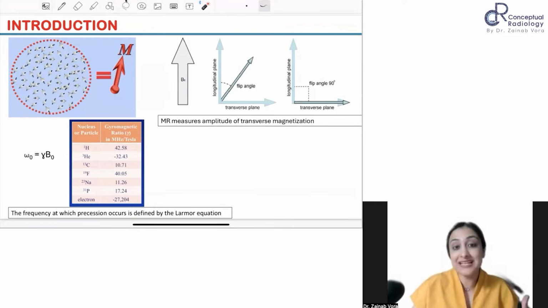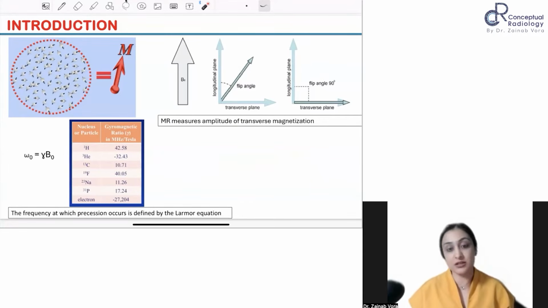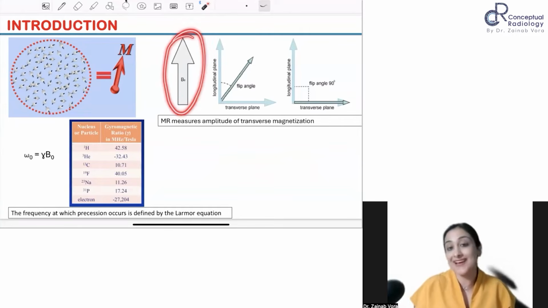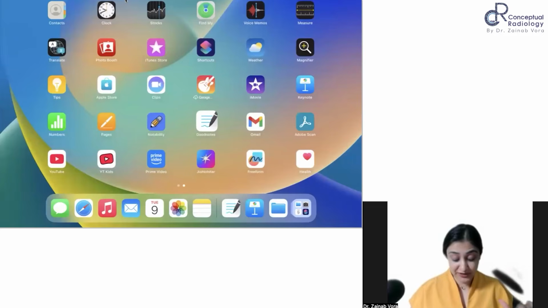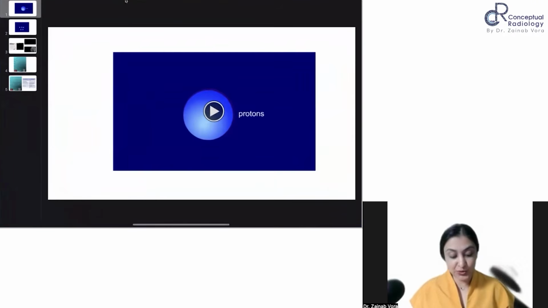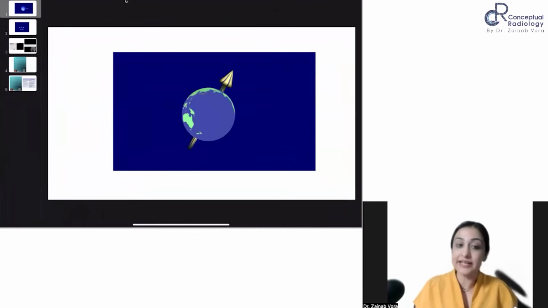But when you place this patient in a large magnet, they are all going to align along the external magnetic field, which we are going to call B0. So just to tell you what we have done so far, I'll show you this very basic video. Look at this. These are all of our protons, just like planet Earth, spinning, rotating on their own axis.